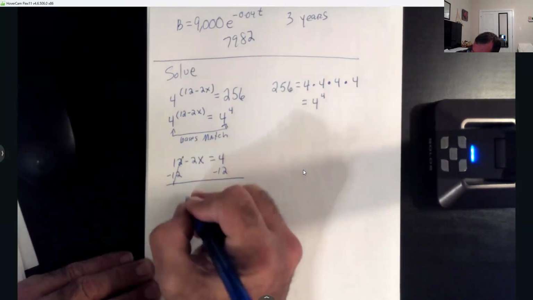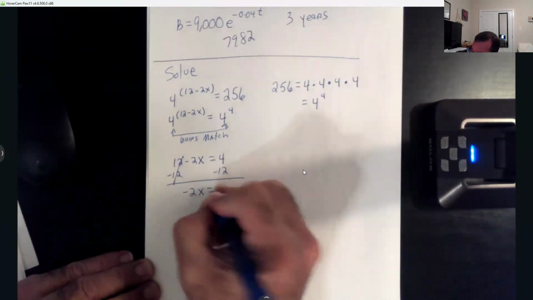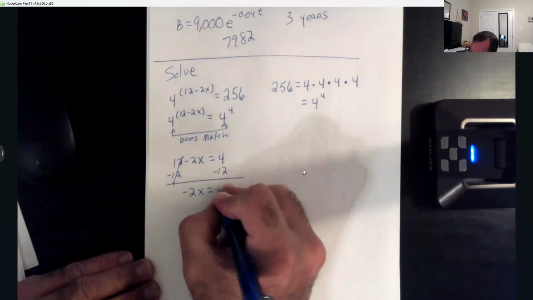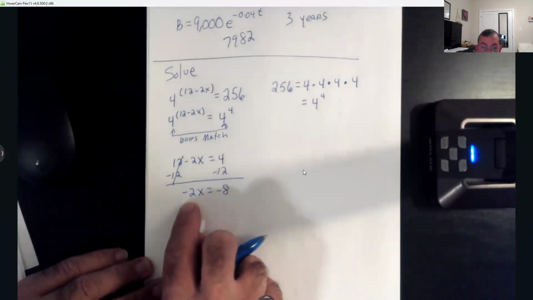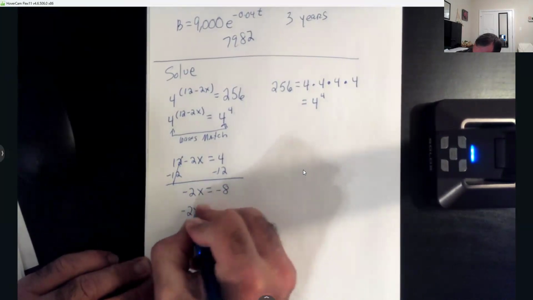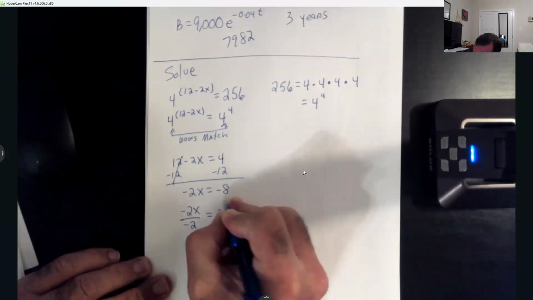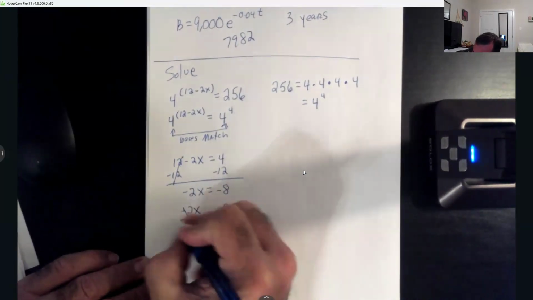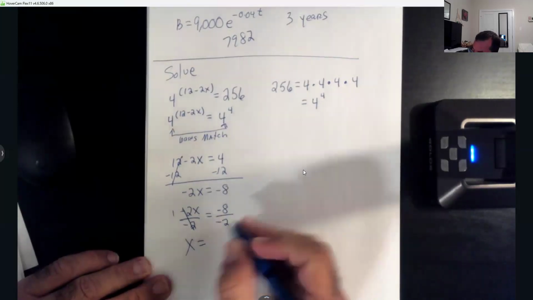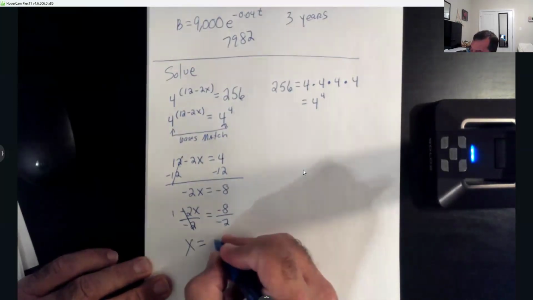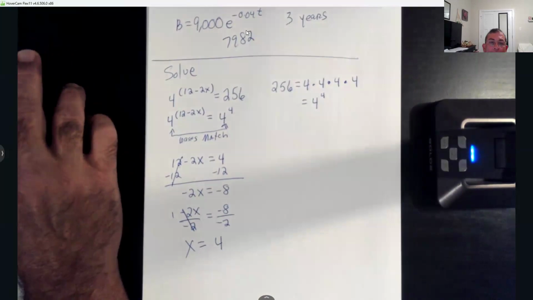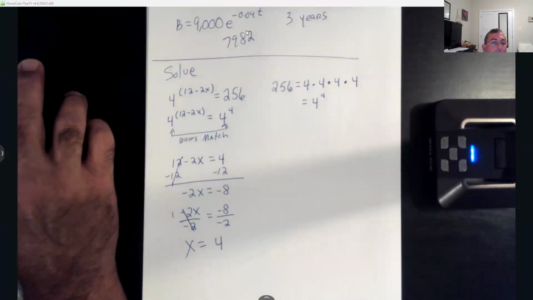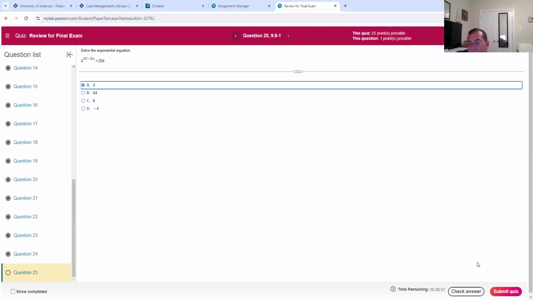That's going to cancel, giving me negative 2x. 4 minus 12 is negative 8. And y'all, final step, divide by that negative 2. All that cancels, giving me 1x. Negative by negative makes that a positive 4. So let's go find 4 on that answer blank. And we go with A.